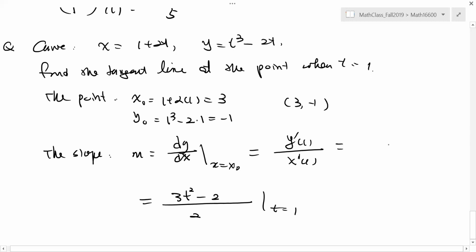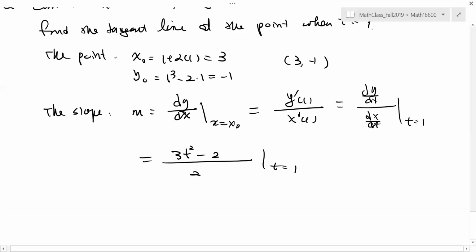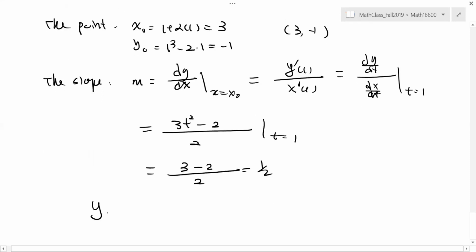You can also express it like this, dy/dt over dx/dt when t equals 1. You plug 1 for t, you get 3 minus 2 over 2, it's 1/2. So you have a slope, you have a point, then you get the equation y minus -1 equals 1/2 times x minus 3.